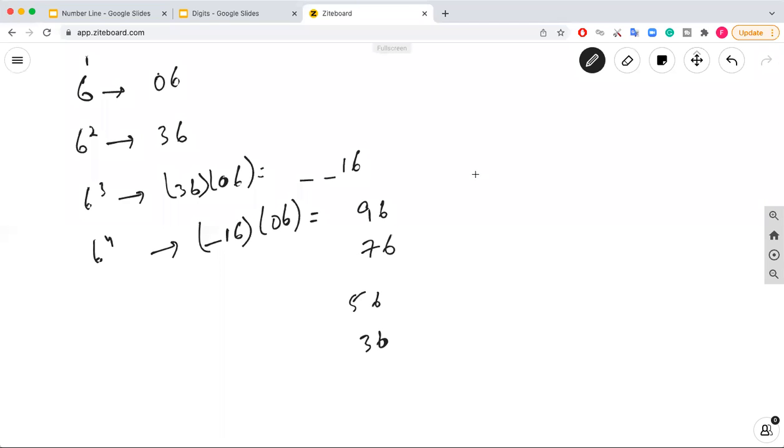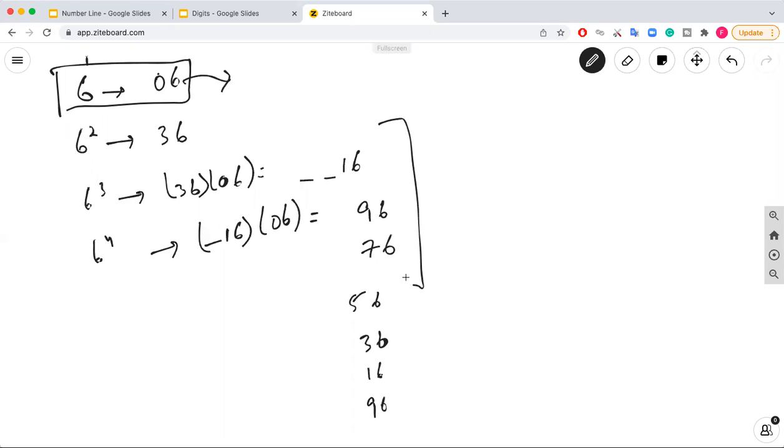So in this case, afterward, this will repeat 36, 16, 96. So this is excluded from the cyclicity. This is first, just for example, if you ignore this, after this there is a repetition of 5: 3, 1, 9, 7, 5.